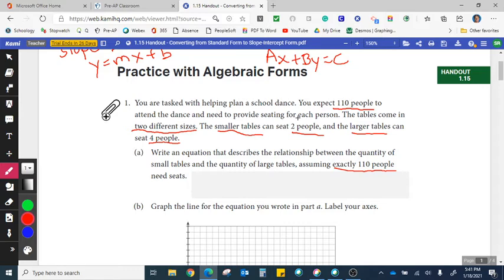Okay, so we're going to create a linear equation. Right, so let's first start off by defining the variables. Okay, so just for sake of ease, I'll call S the small tables.